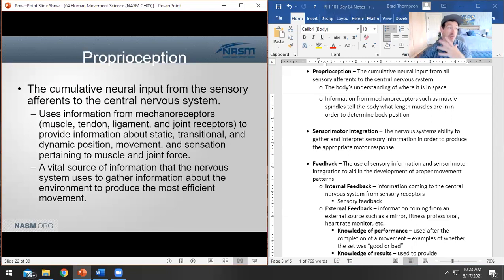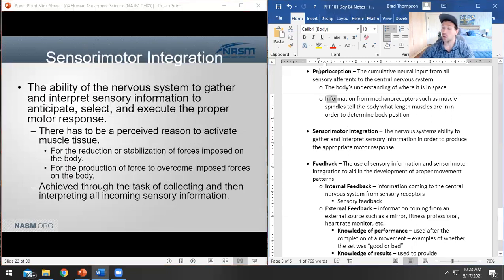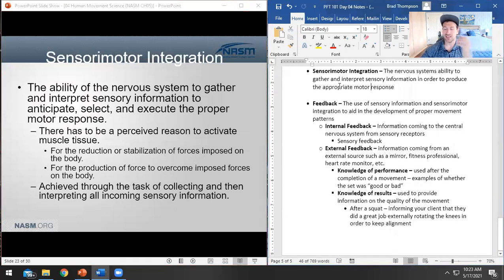Again, gravity, you'd feel it, right? Well, that feeling is your proprioception. So where proprioception meets our job is this concept called sensory motor integration.